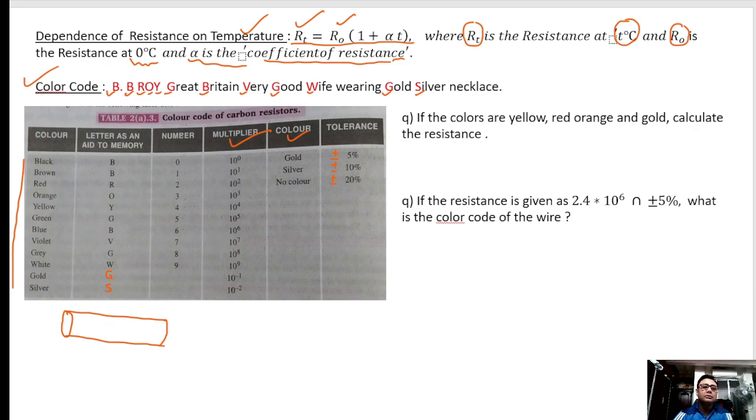Okay, so let us now see, suppose a conductor has colors. What colors? First there is a yellow color, second a red color, third an orange color, and fourth a golden color.